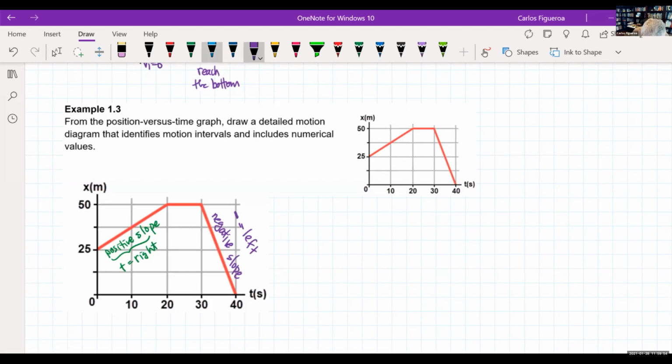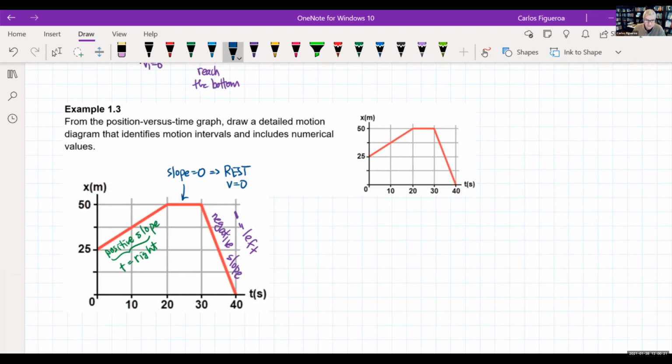And you can see in this situation right here that because the slope is 0, at this point it's at rest. In other words, the speed is 0 at that point, because you have to stop in order to change directions.